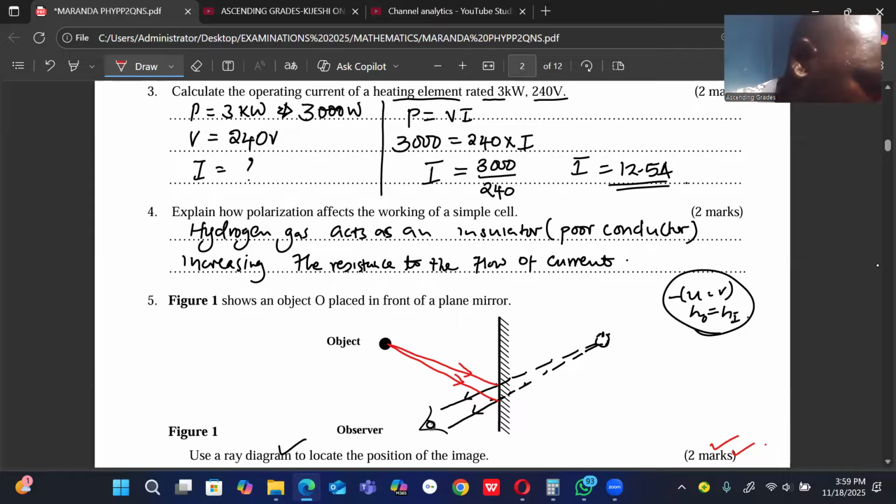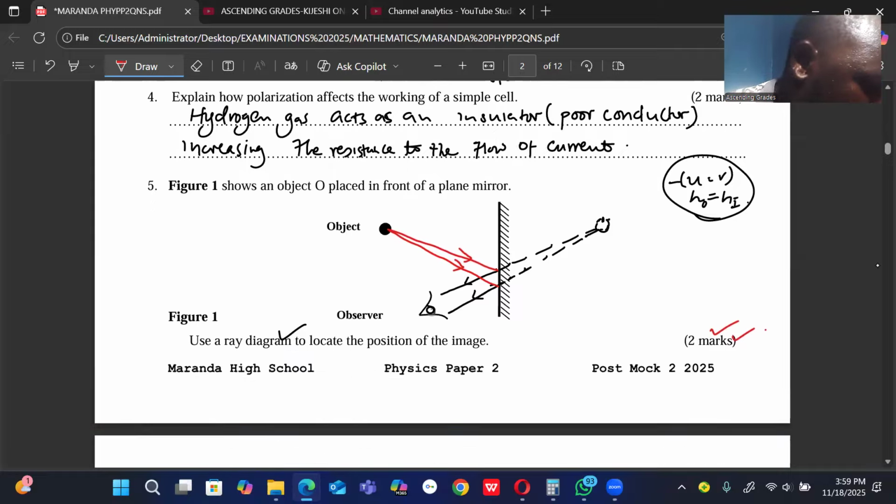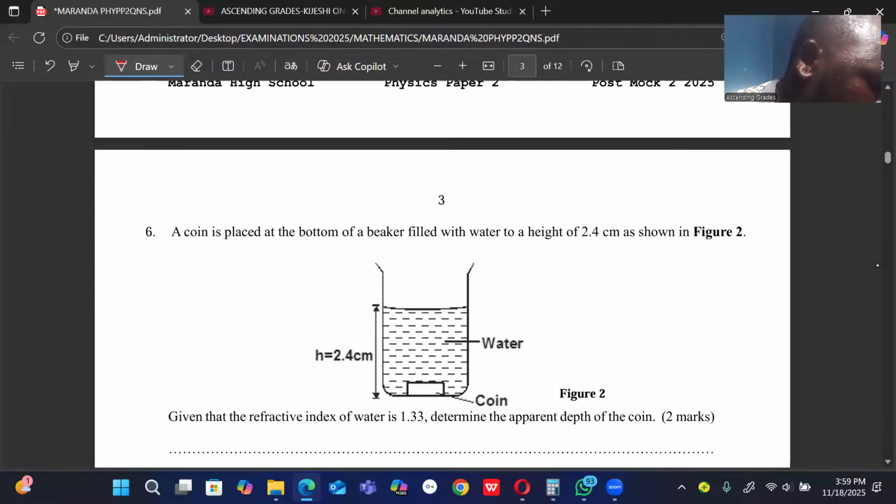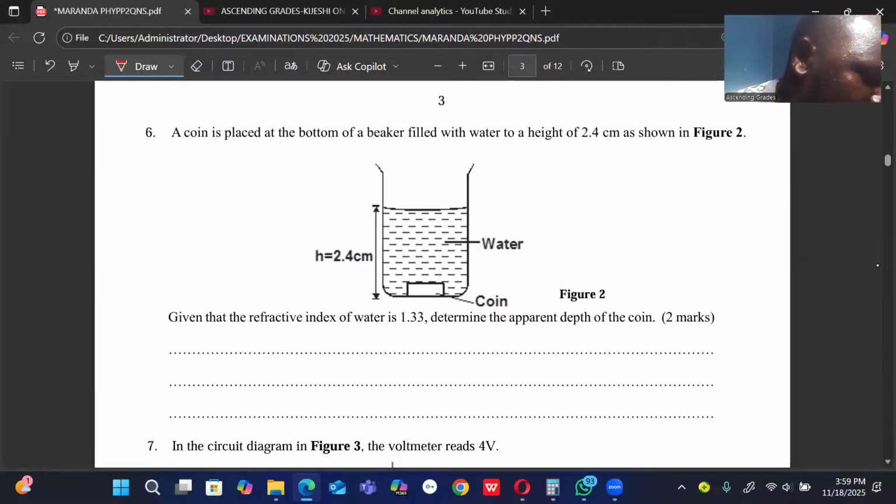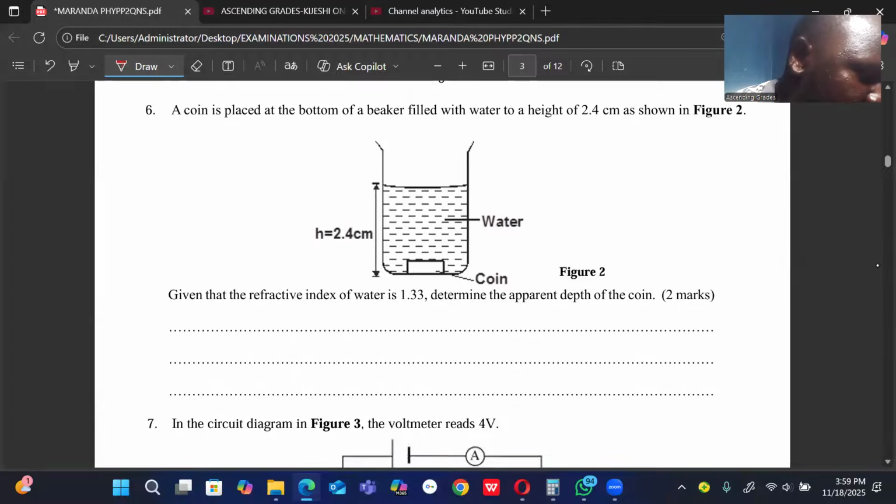Then now we can move to our next question. A coin is placed at the bottom of a beaker filled with water to a height of 2.4 centimeters as shown. Then you're told, given that the refractive index of water is 1.33, determine the apparent depth of the coin. We know that using the real depth and apparent depth, refractive index is given by the real depth over the apparent depth.